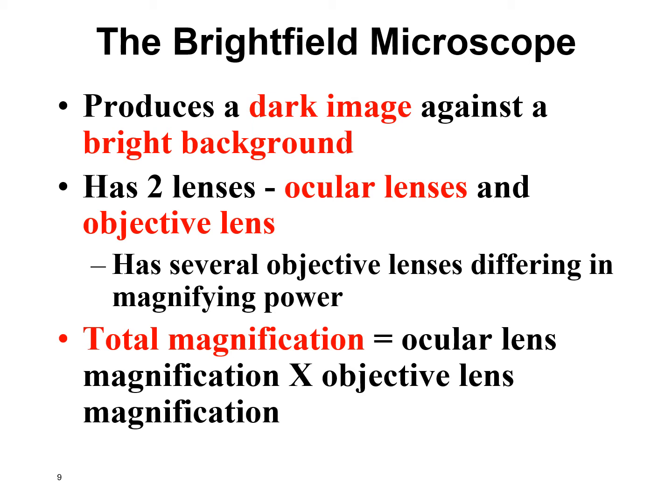So for example, the ocular lens magnification, which you can't change, that's just what it's set at in the microscope. So let's say that is 10x for the ocular lens. And then you're just going to multiply that by whatever the objective lens is set at. So maybe you're at 40x on the objective lens.